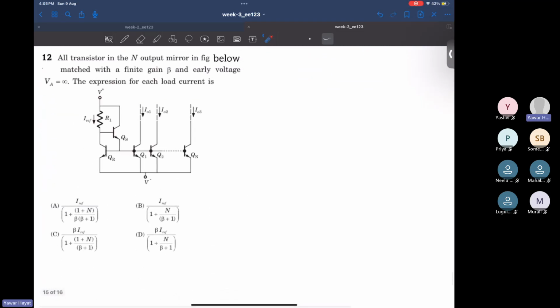So all transistors in this output mirror in this figure are matched with a finite gain beta, right? And your Early voltage VA is again infinity. So the expression for each load current would be how much?